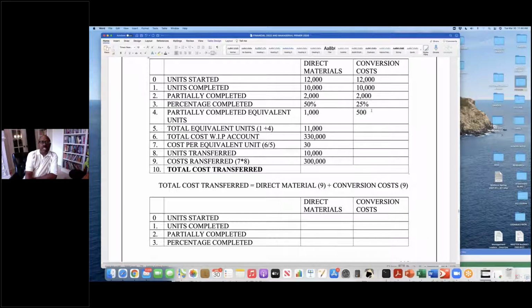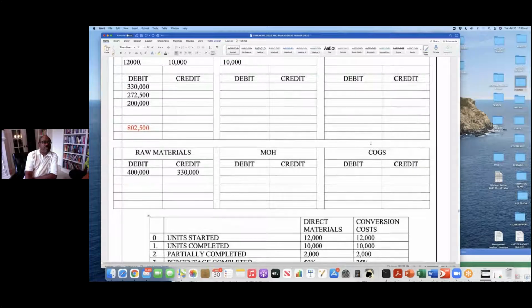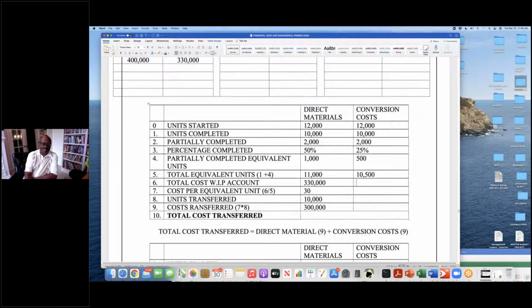So units completed was 10,000 in this process. 500. So now this number is 10,500. How much do we have for conversion costs all total? 150,000. 275 and 200 is how much? Oh, 472.5.